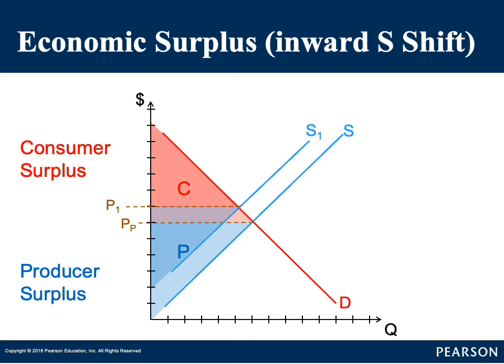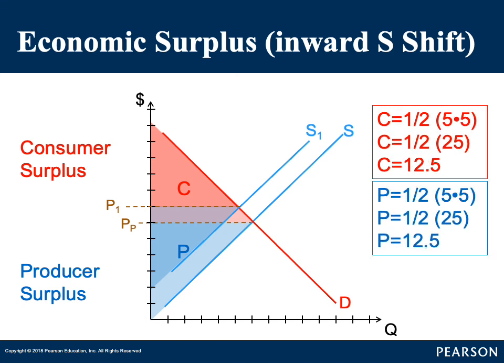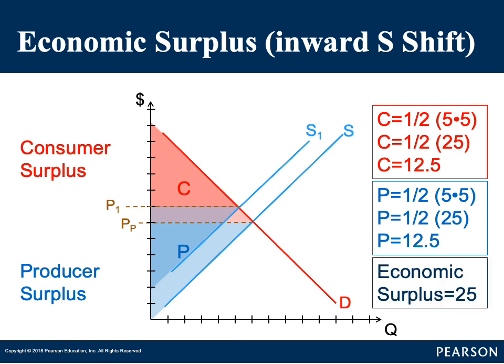Are we better off or worse off? When you calculate the new consumer surplus and the new producer surplus, we can tell it's now at 12.5. And our economic surplus is 25. So are we doing as well as we were? We went from a 36 economic surplus to a 25, telling us we had a societal loss.